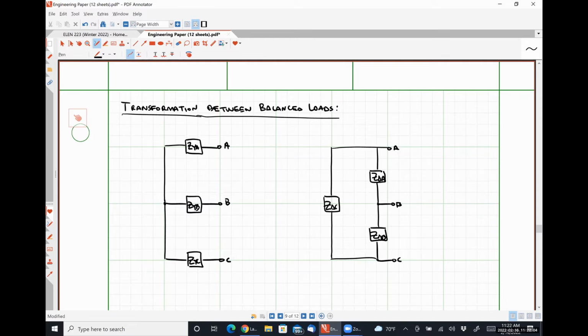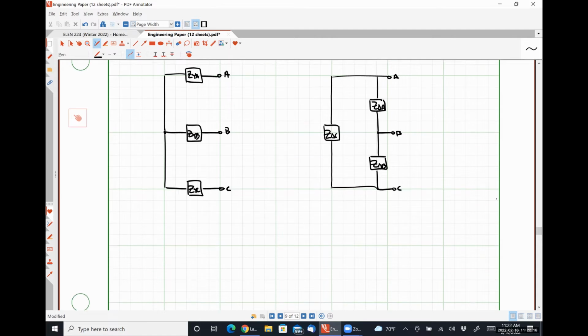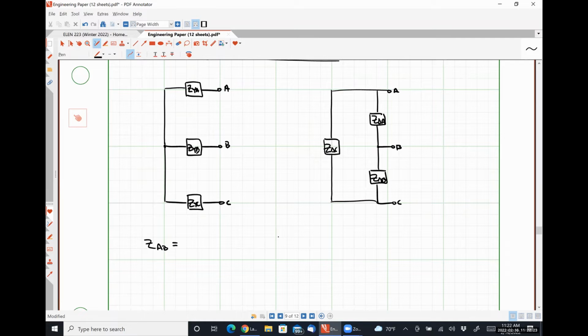So if we were to determine the impedance seen between the A and B terminals of the Y load, which I'm going to call ZAB, what would we have? Simon, thoughts?